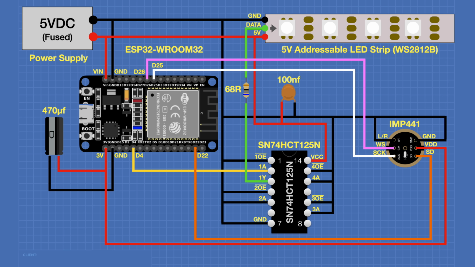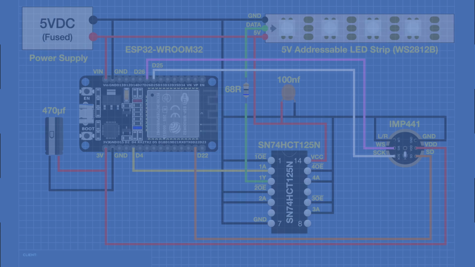Now if you're using a different ESP32, you can use 3 other I/O pins, as you can define these pins within WLED. Just stay away from GPIO pin 34 and you'll be fine. And that completes the wiring. Now let's go and take a look at our audio reactive WLED setup.